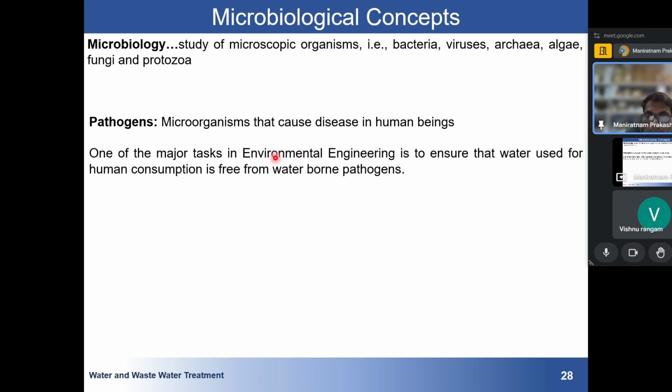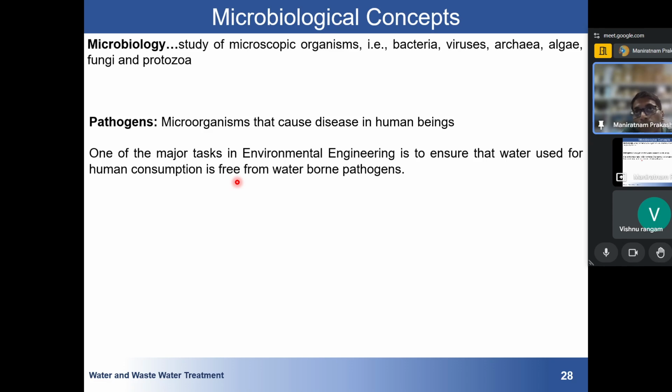One of the major tasks in environmental engineering is to ensure that water used for human consumption is free from waterborne pathogens. When this is about drinking water, whatever water we are drinking should be free from waterborne pathogens, because they will cause disease in us.